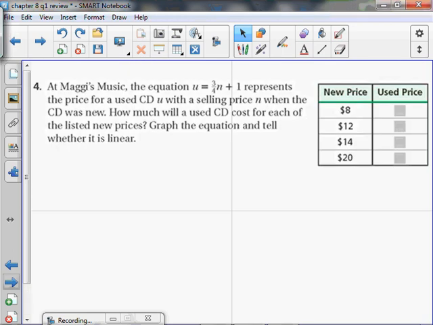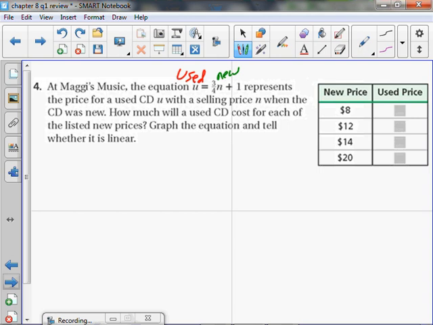At Maggie's Music, the equation U, that stands, by the way, for used, is equal to 3/4 N, that's going to stand for new, plus 1. And that represents the price for a used CD when the original selling price was N for a new CD.